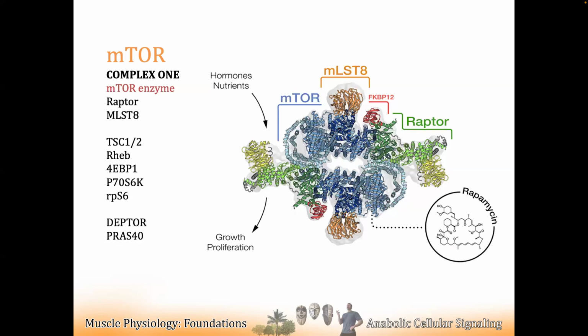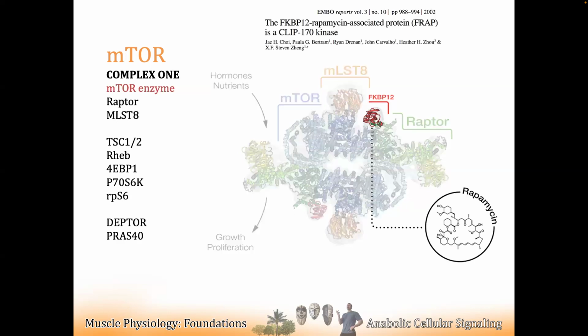But you'll notice this little guy in red up here, FKBP12. This little FKBP12 is important. It's a binding protein that led to mTOR's discovery. In its original nomenclature, earlier I mentioned FRAP and RAFT1, these alternative names. Notice there's an F in both of those. F is for FKBP12, like FRAP and RAFT1, right?